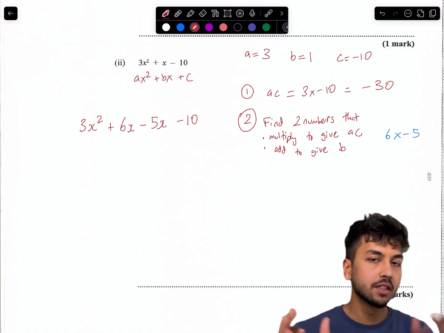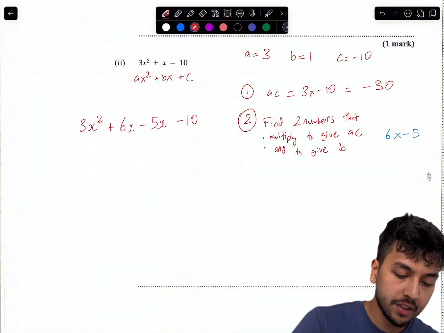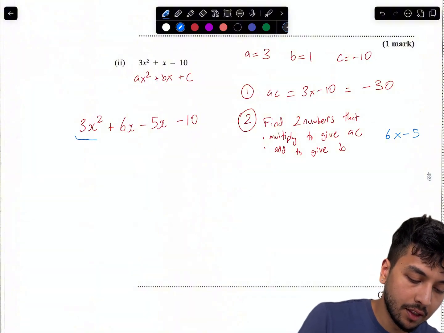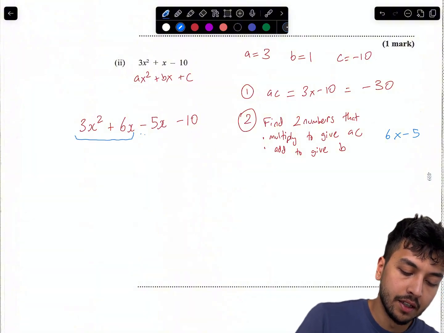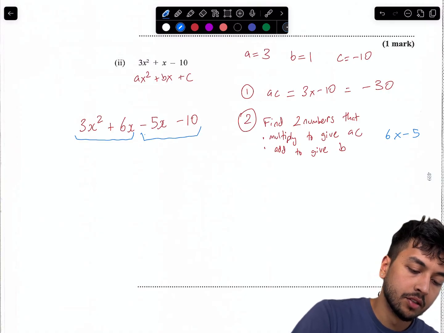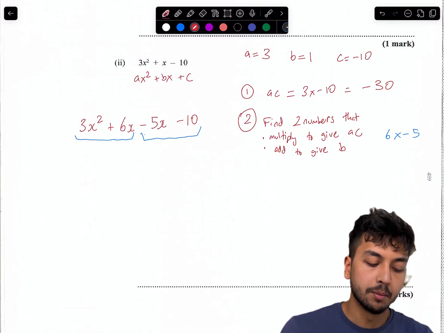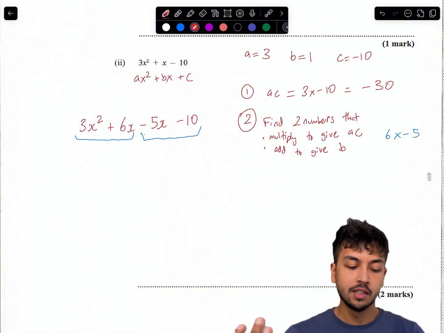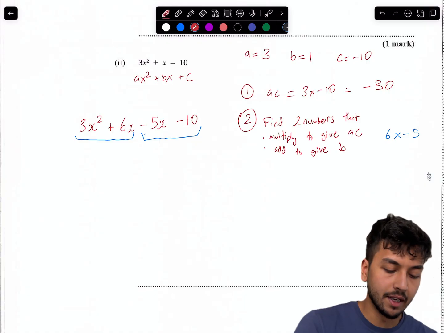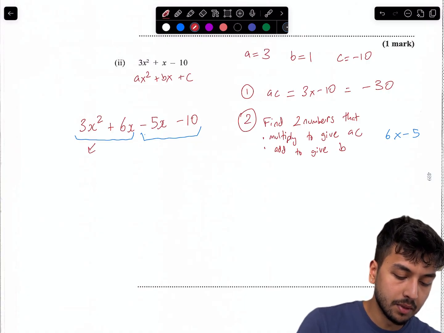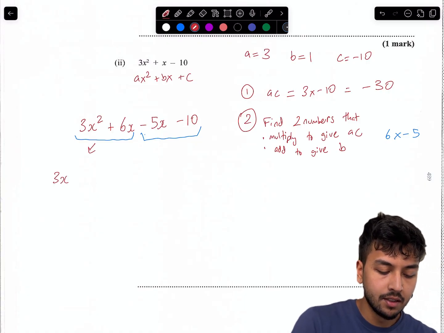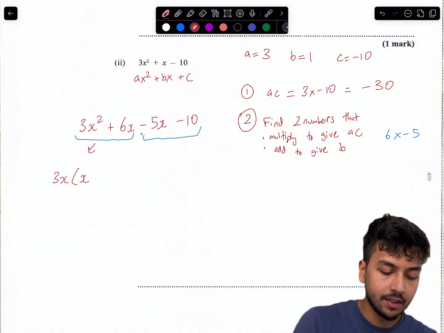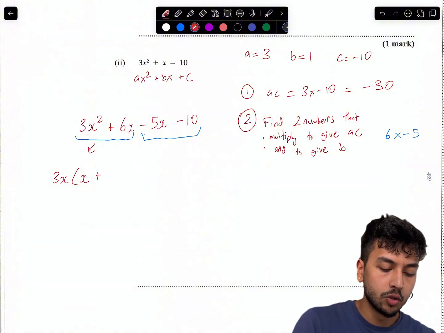The next thing we'll do is look for like terms to pull out. We're going to group it into two groups. The first group is these two terms, and then these two. Looking at the first group, we could pull out 3x, because 3x is common to both terms. So the first group becomes 3x into x plus 2.